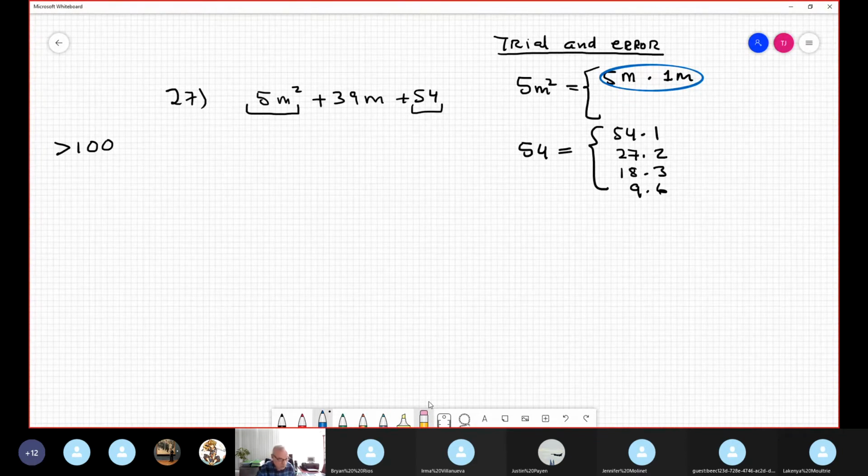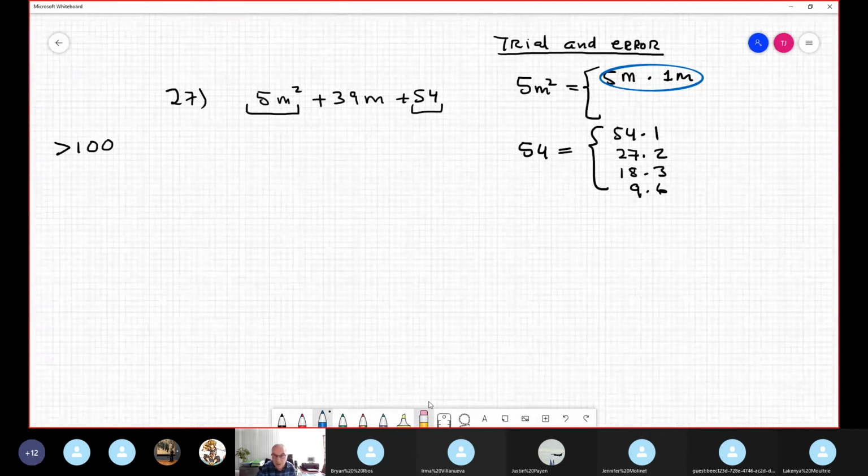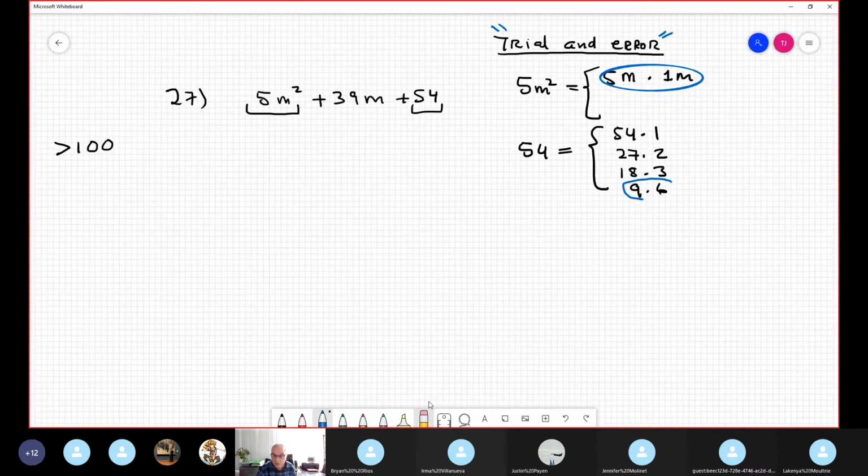Doesn't work. Second, doesn't work. Third, doesn't work. This is try and error. I know that the answer is using this. So I select this and this. So you select, look, you select 5m.